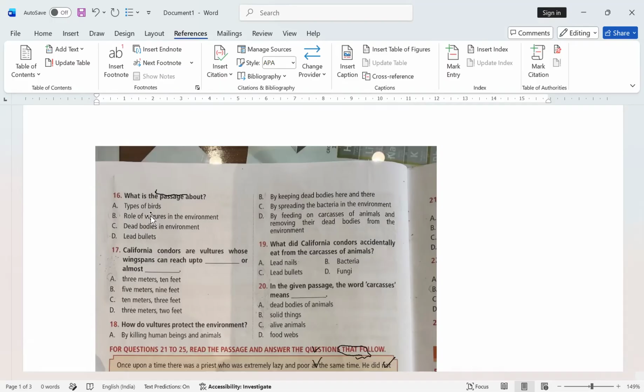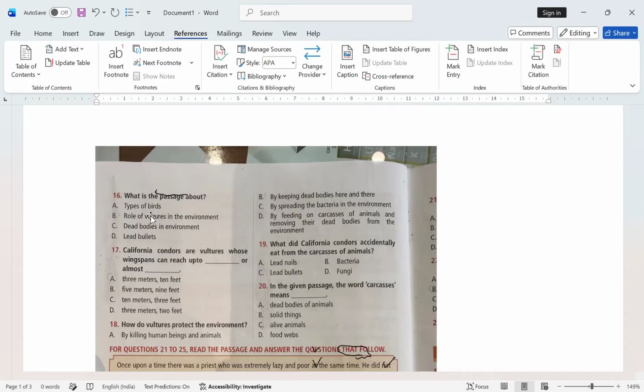Question 18. How do vultures protect the environment? A. By killing human beings and animals. B. By keeping dead bodies here and there. C. By spreading the bacteria. D. By feeding on carcasses of animals and removing their dead bodies from the environment. Question 19. What did California condors accidentally eat from carcasses of animals?